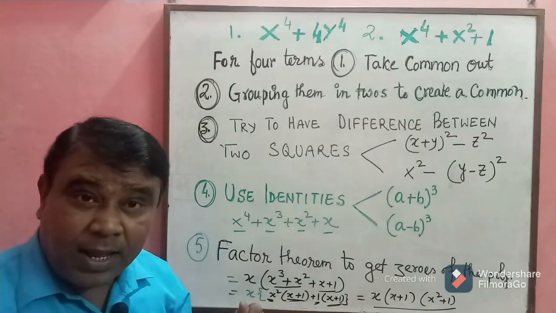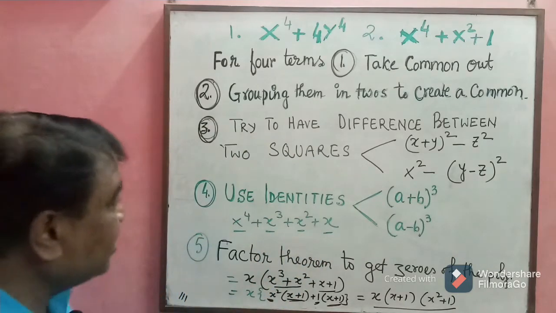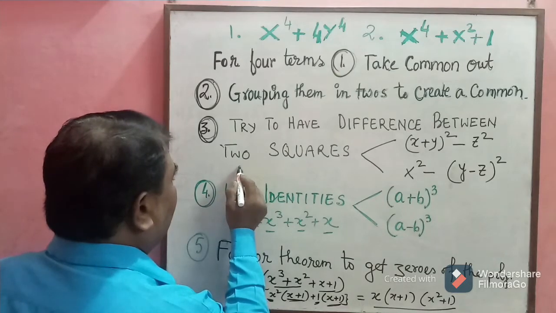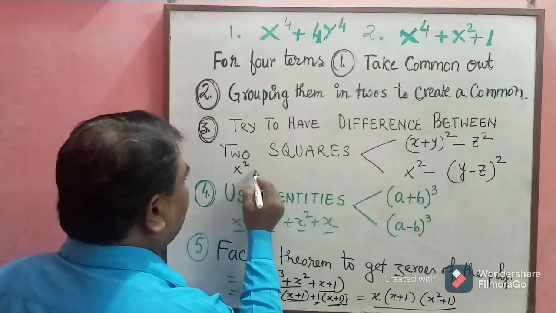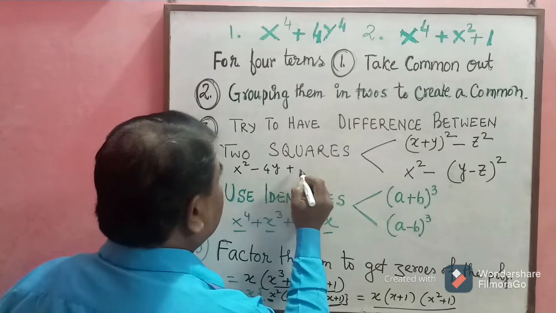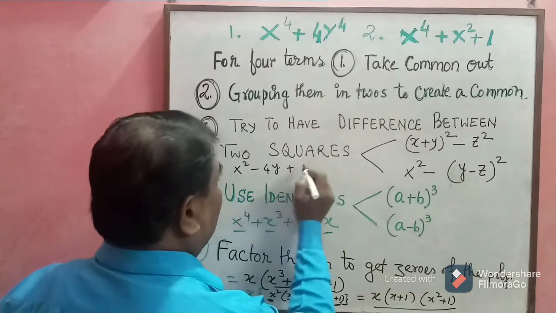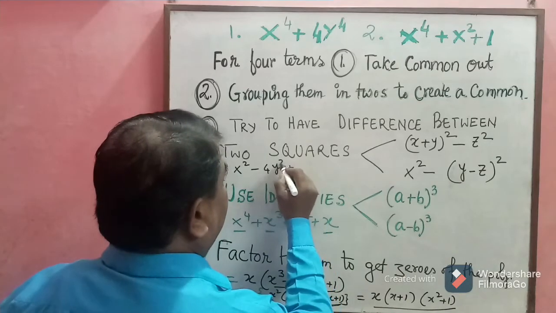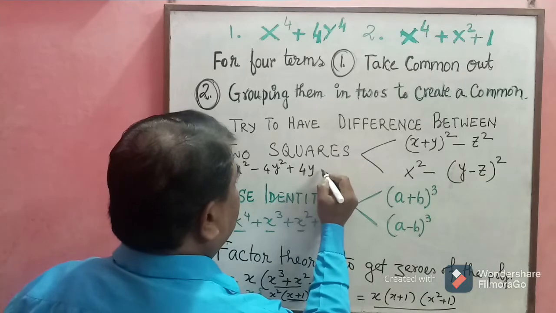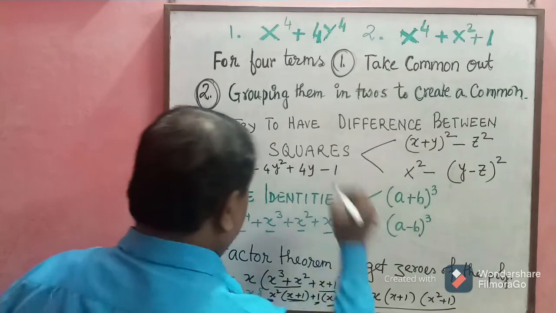How will I have difference between 2 squares? Sometimes you may face this type of questions like x square minus 4y square plus 4y minus 1.